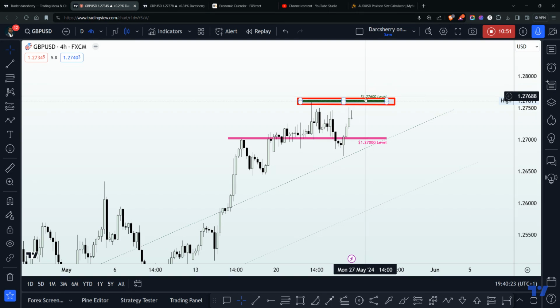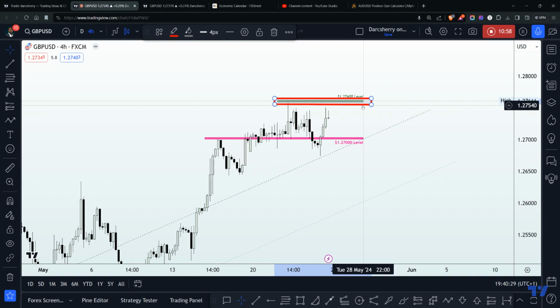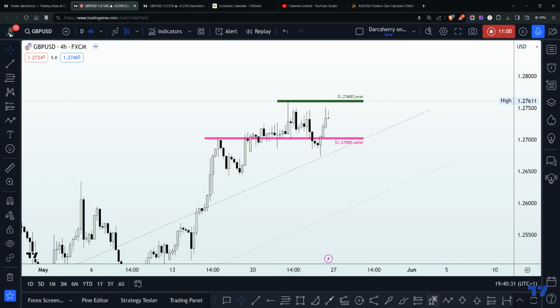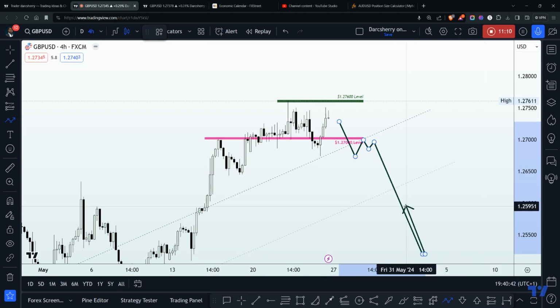But if selling pressure persists below the 1.276 and buyers find it difficult to continue the momentum, well, a breakdown retest of both the key level at the 1.27 and this ascending trend line will be a good signal to join a sell off to the downside.